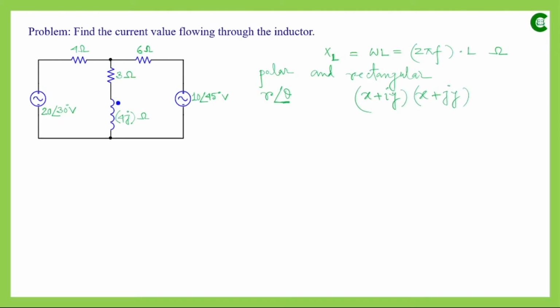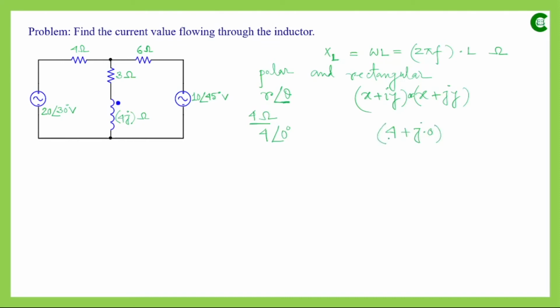Here the values of these voltage sources are given in polar form. Resistance is a DC component, so if it is given as 4 ohm, it can be represented in polar format as 4 with angle 0 degrees, and in rectangular or Cartesian format as 4 plus j into 0.